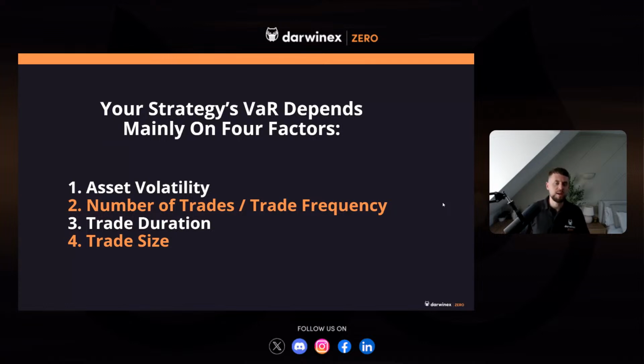Okay, so that's why I say it's a little bit different out of the four, and it's overarching to the other three. Again, you could be trading Bitcoin or a really highly volatile asset. You could be trading 5,000 times a day. You could be holding those trades all for a month. But if you're trading with the smallest amount of lots, again, it's going to reduce your risk right down.